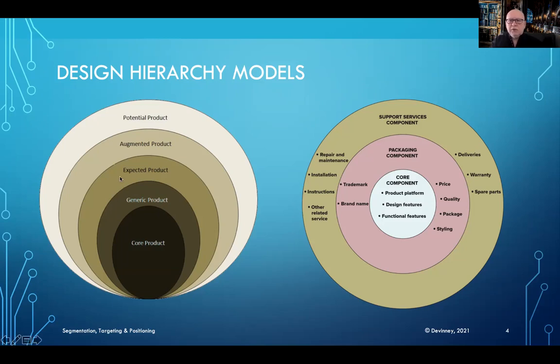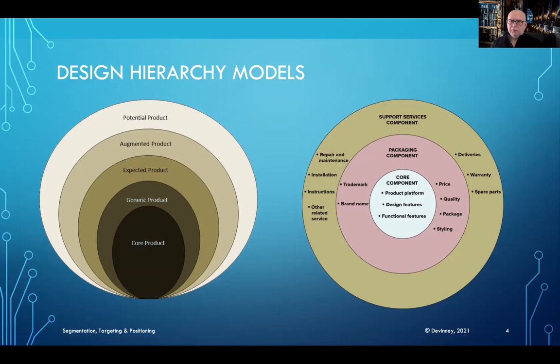So essentially, you have an individual who purchases the product. There's a core product there, which is a motorcycle, and there's then a tailoring that goes on with respect to this.